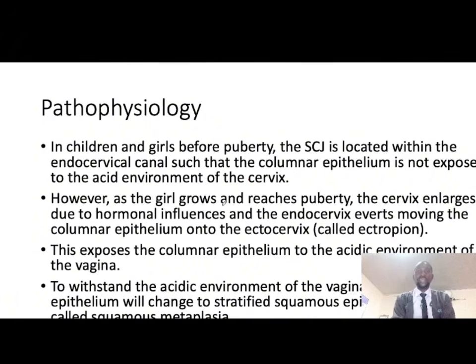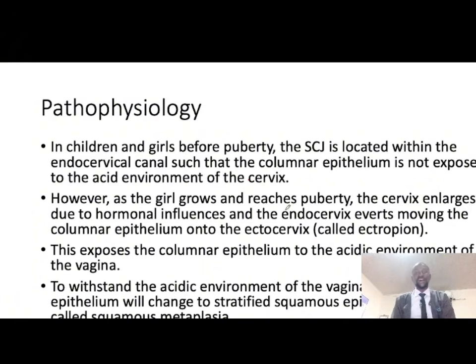However, as the girl grows and reaches puberty, the cervix will continue to enlarge due to hormonal influences, and then the endocervix everts. When it everts, this columnar epithelium moves towards the ectocervix and becomes exposed to the acidic environment of the vagina.